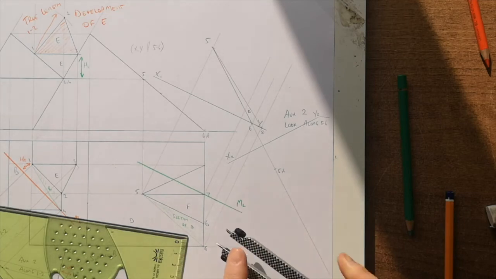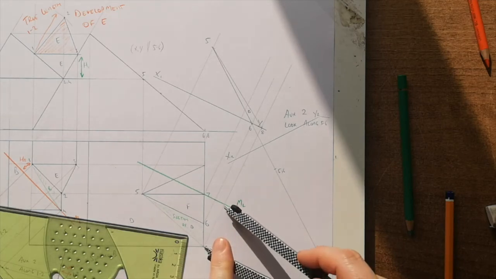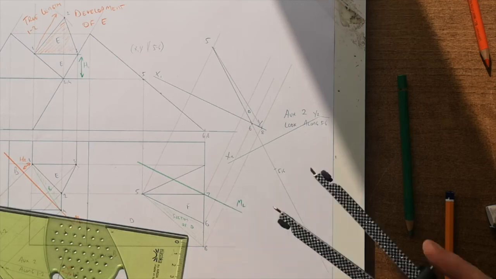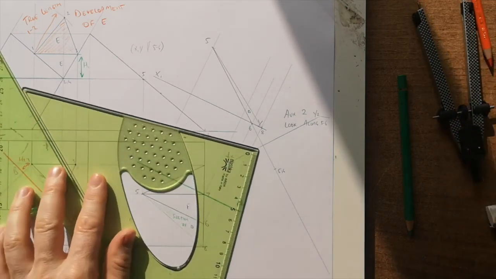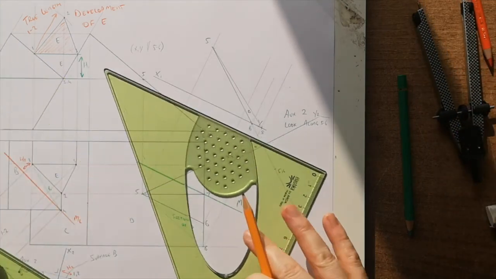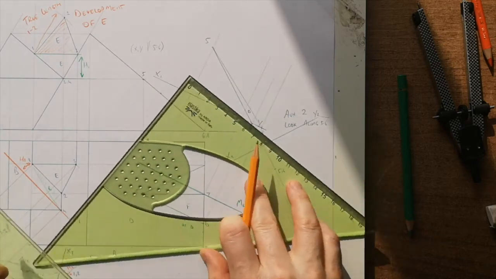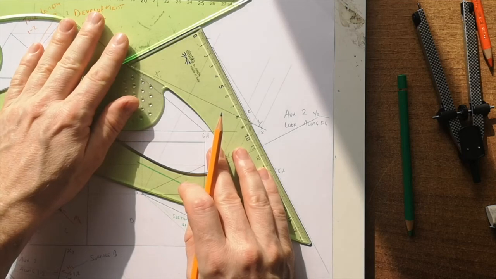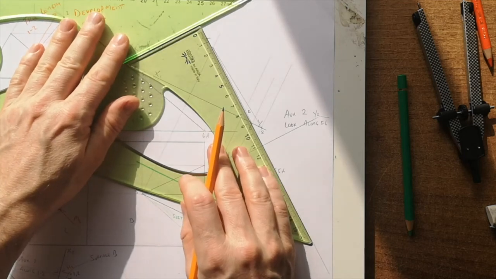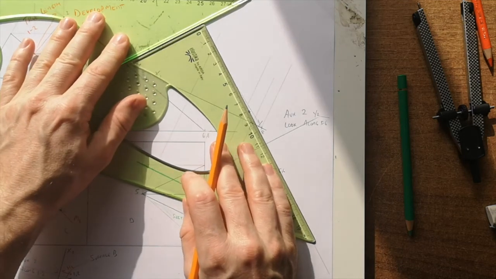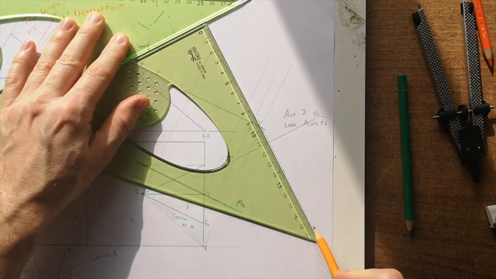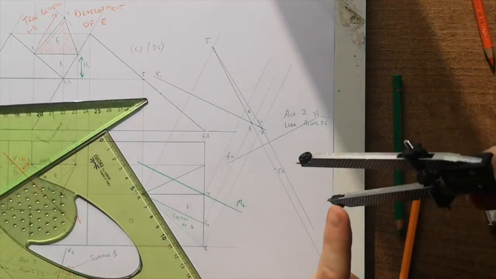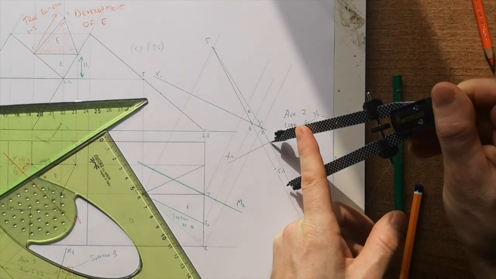And 8's a bit further. So there's the line for 8, so we just actually need to project 8. Somewhere along there. That much along there.